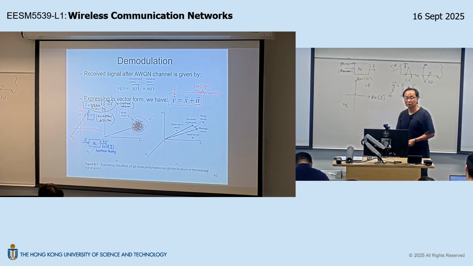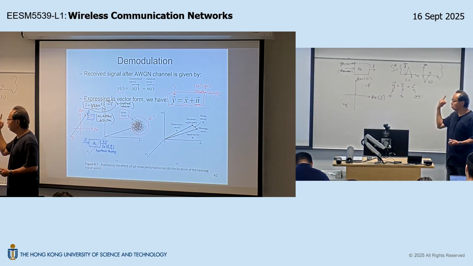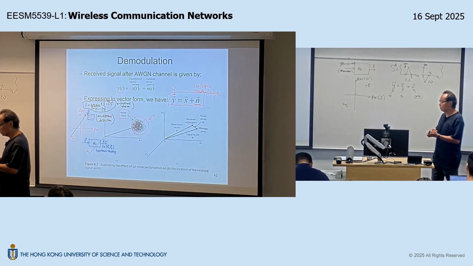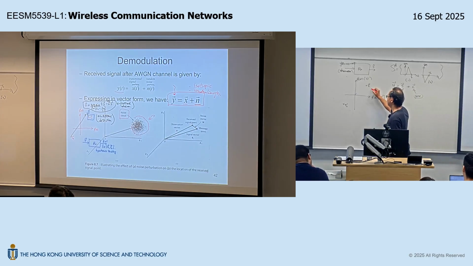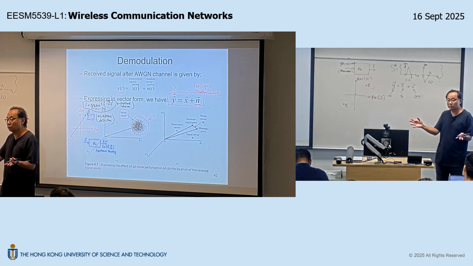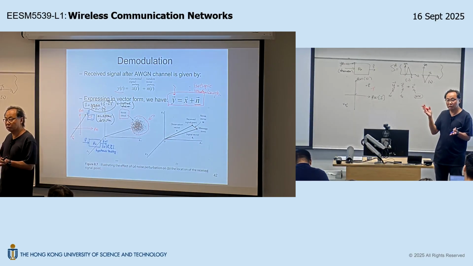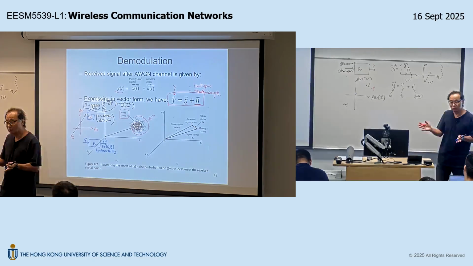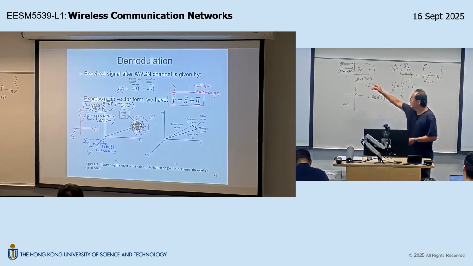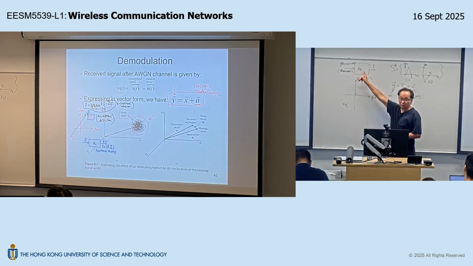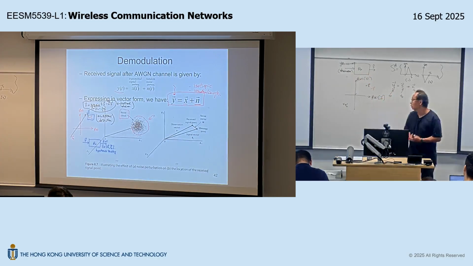Is that okay? Now, let's say I give you one noisy observation. The noisy observation may be here. This is my observation. In this case, you don't know what could have been transmitted. The transmitter could have transmitted S1 or S2, but you don't know which one. Now imagine each one of you as a receiver. Just use your intuition.